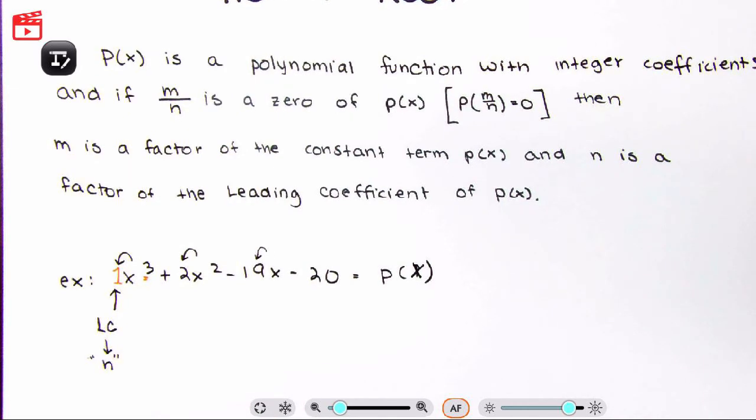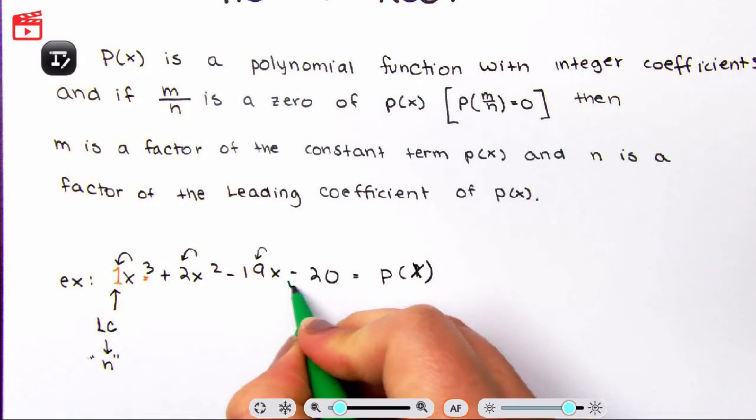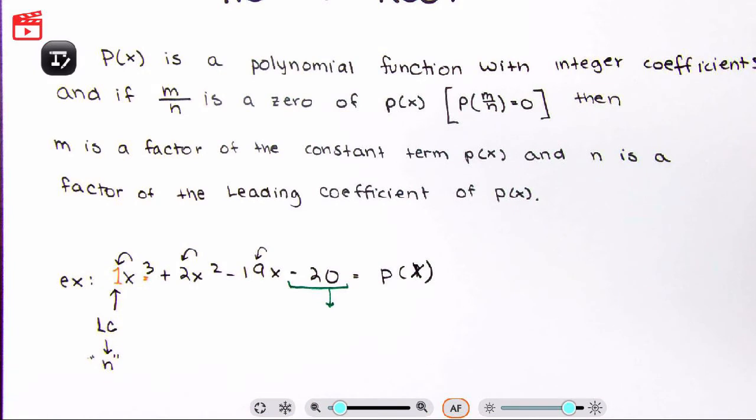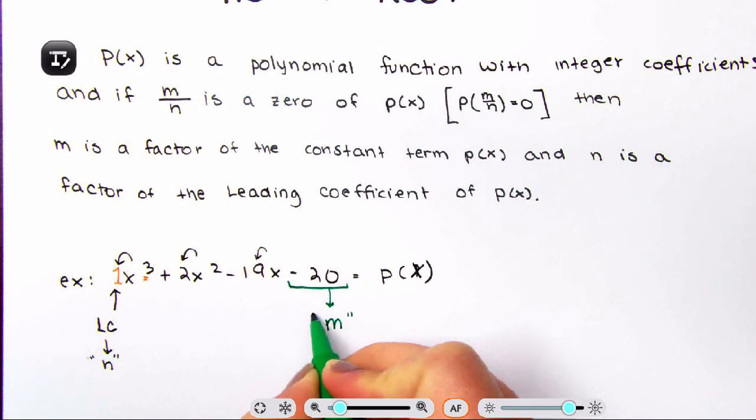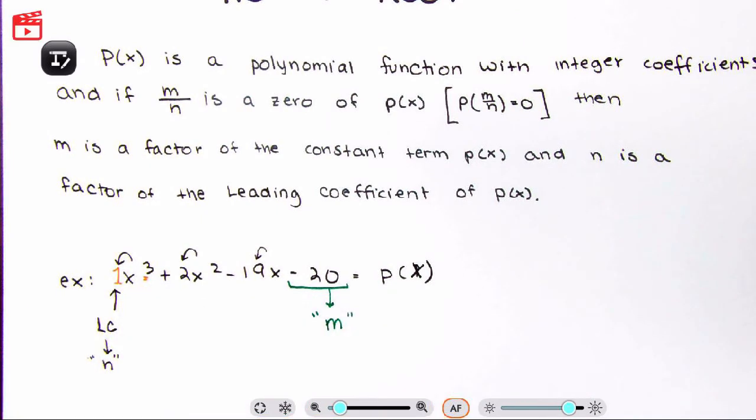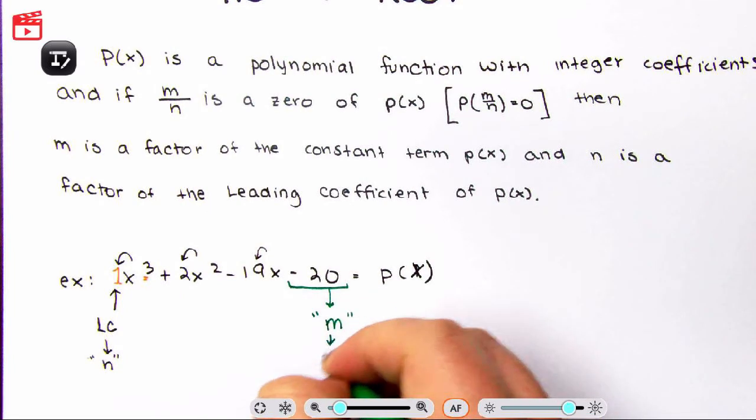And then m is a factor of the constant term. The constant term is the term without any variables. And your constant term is, what is it? I hesitated there for a second. And this is the constant.